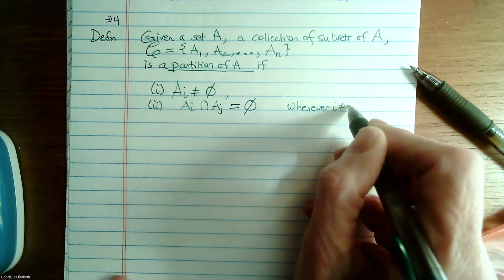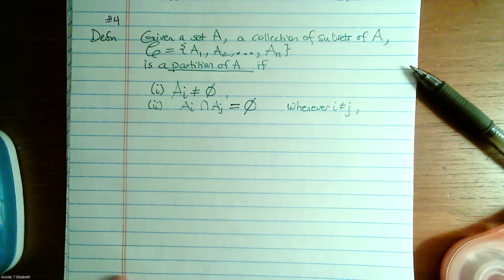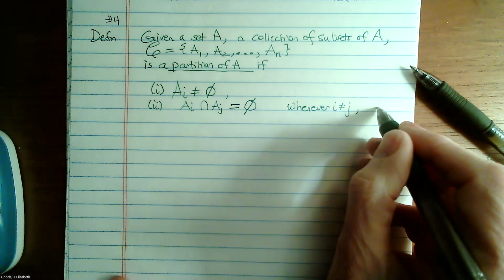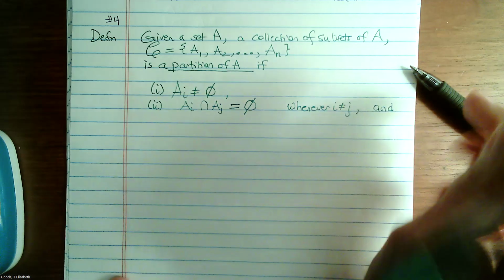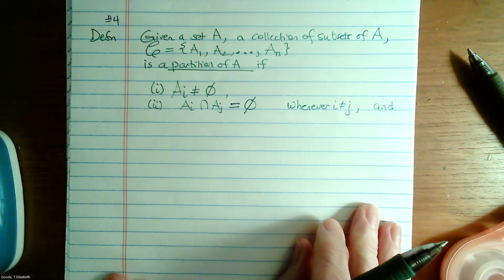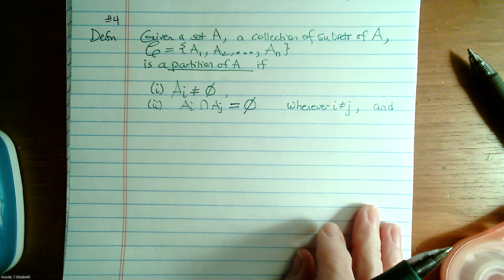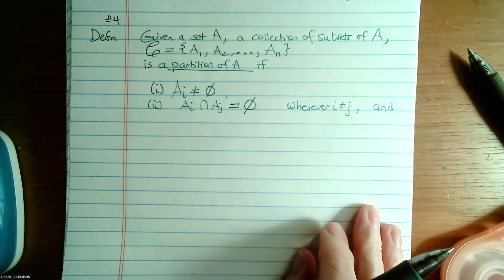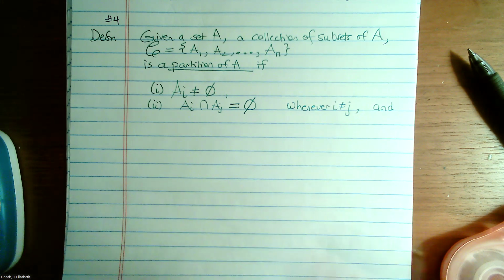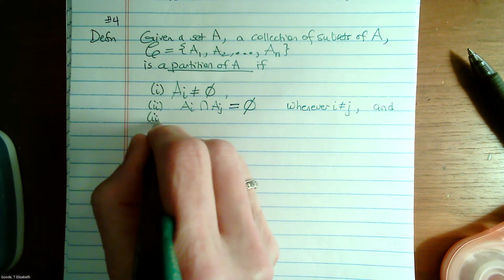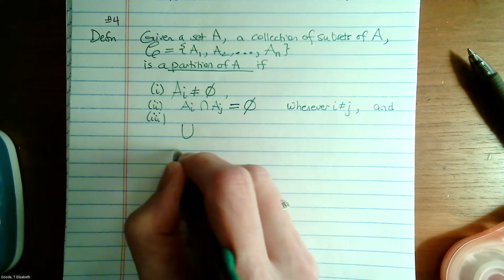I kind of read that wrong. A sub i intersect A sub j doesn't have anything in common. Exactly. And three, the union of the sets is A.